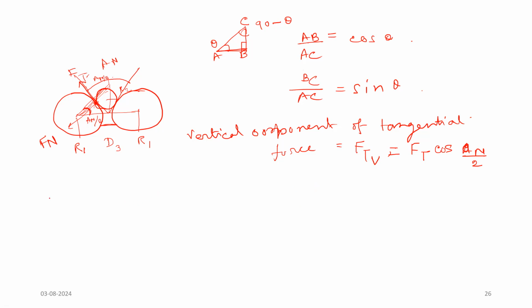And second, we will calculate the vertical component of the normal force. The previous one was the tangential force. This one is the normal force. So here the component name will be FNV.